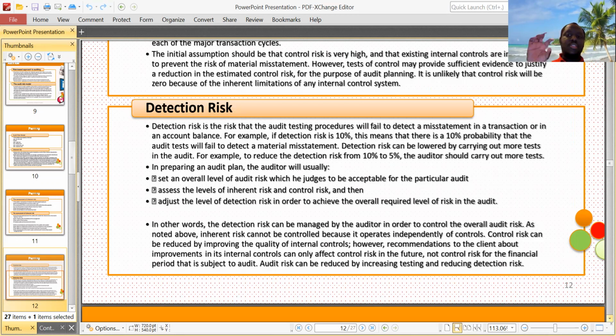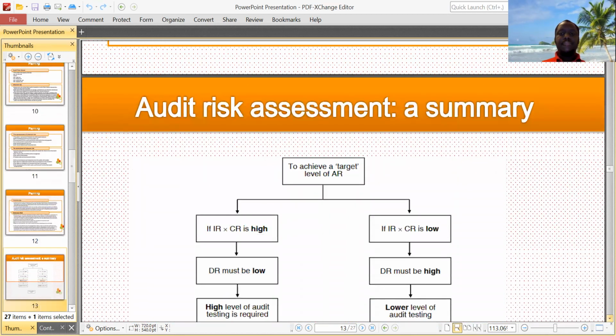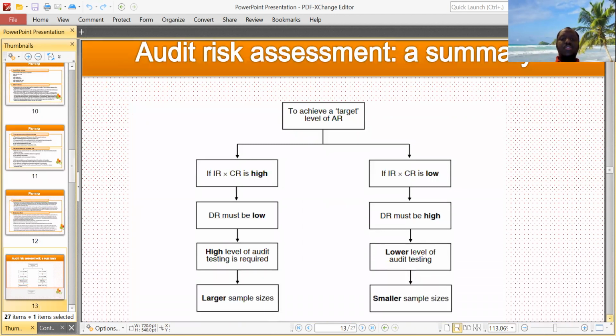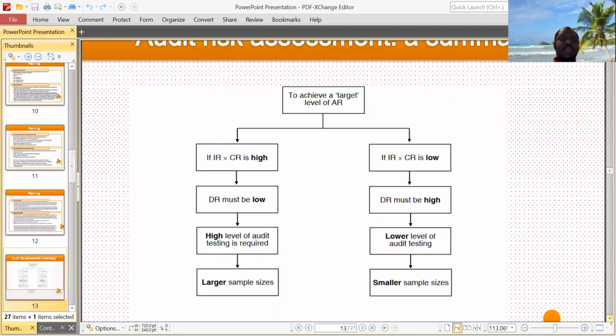So you see, audit risk comprises inherent risk, control risk, and detection risk. You see how they are all interconnected. So never forget this chart. It's very, very important. And this is basically a summary of everything that's happening here, right?